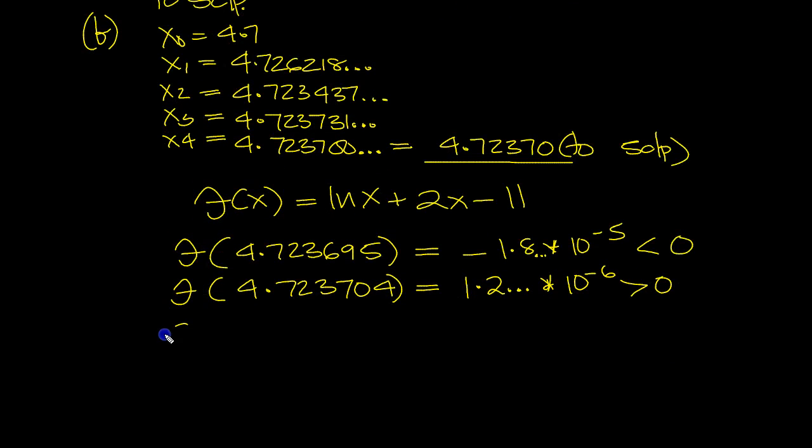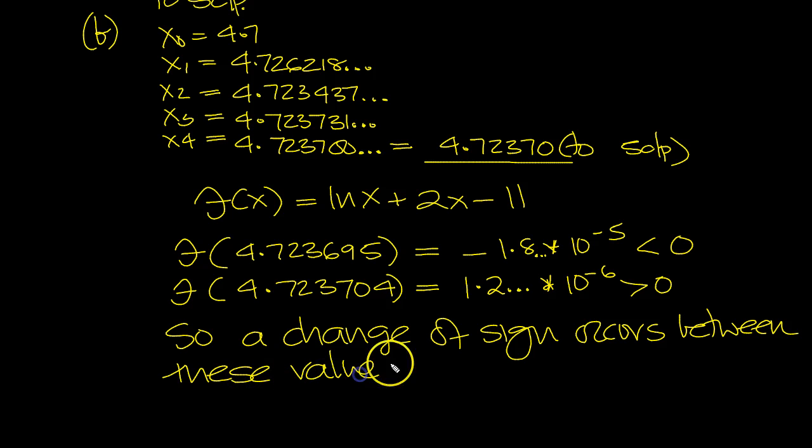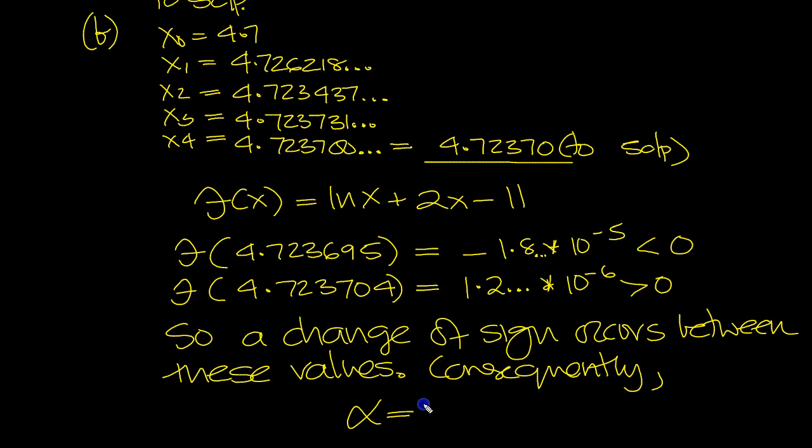Okay, so a change of sign occurs between these values. Consequently, alpha is equal to 4.72370 to 5 decimal places, which is what we wanted to show.